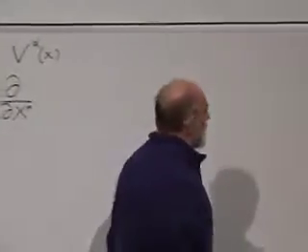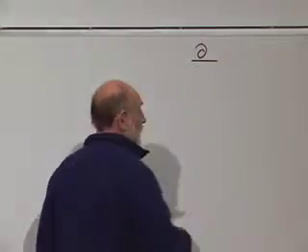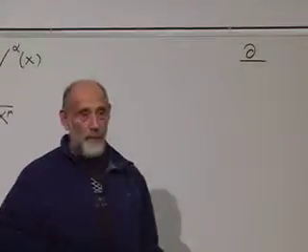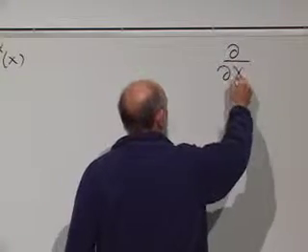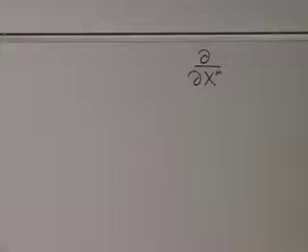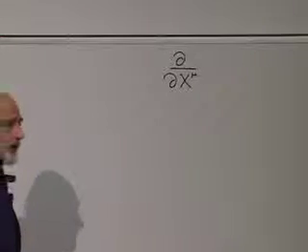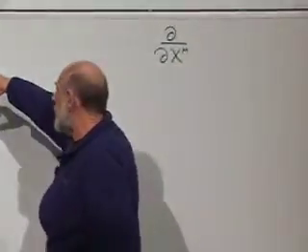Let's make a list of some operators over here. This by no means exhausts all possible operators, just a couple of examples. The derivative with respect to any of the coordinates is a linear operator, and it can act on any kind of function. The function could be a scalar, it could be a vector. If it's a vector, then it corresponds to differentiating all four components of the vector.